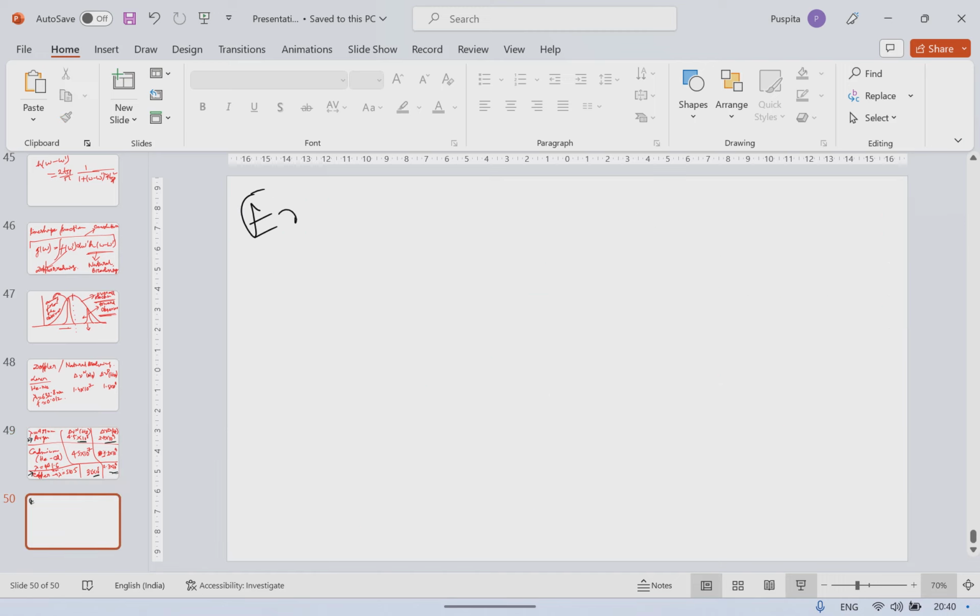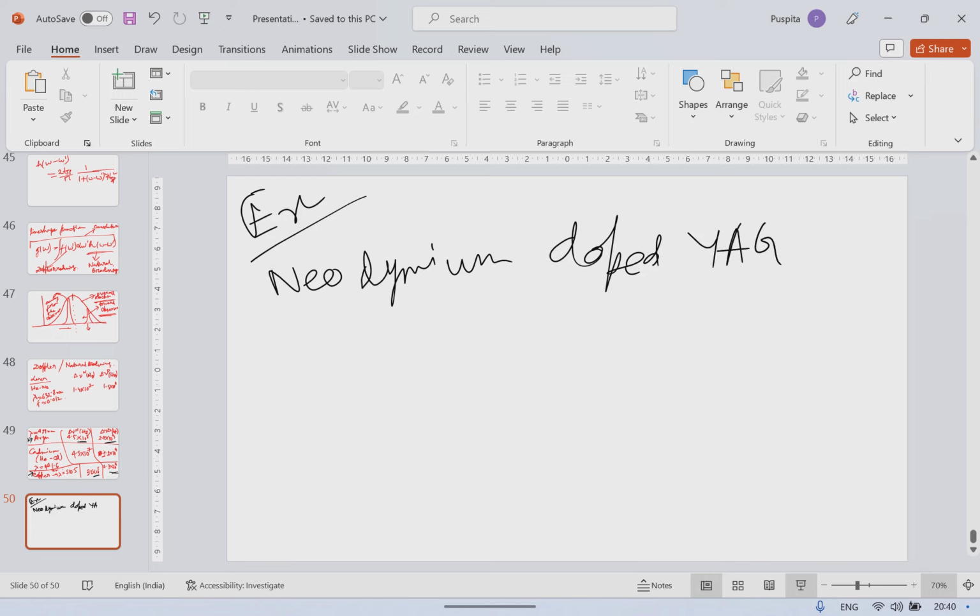there is an example like neodymium doped YAG. So YAG is a material, yttrium, aluminium, garnet.